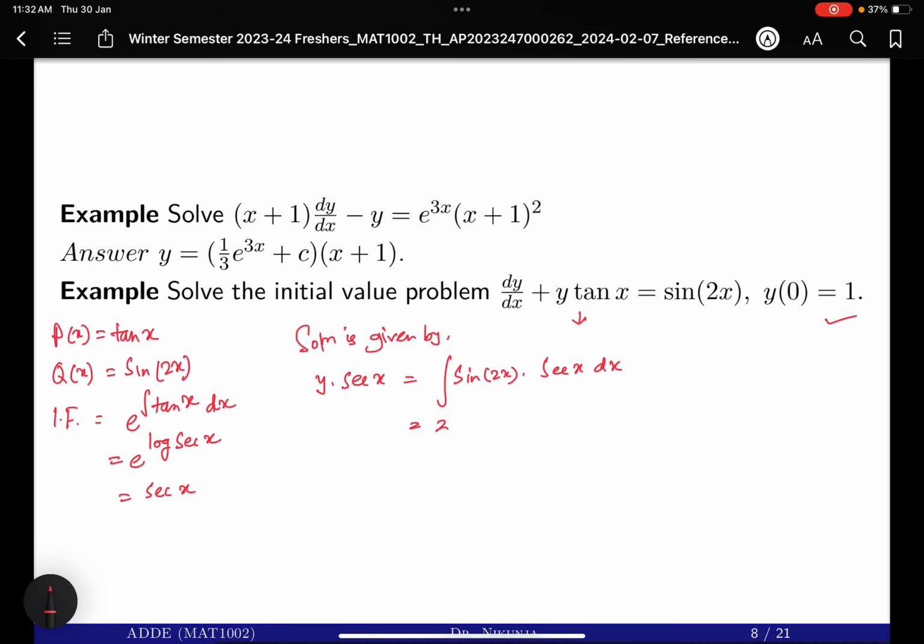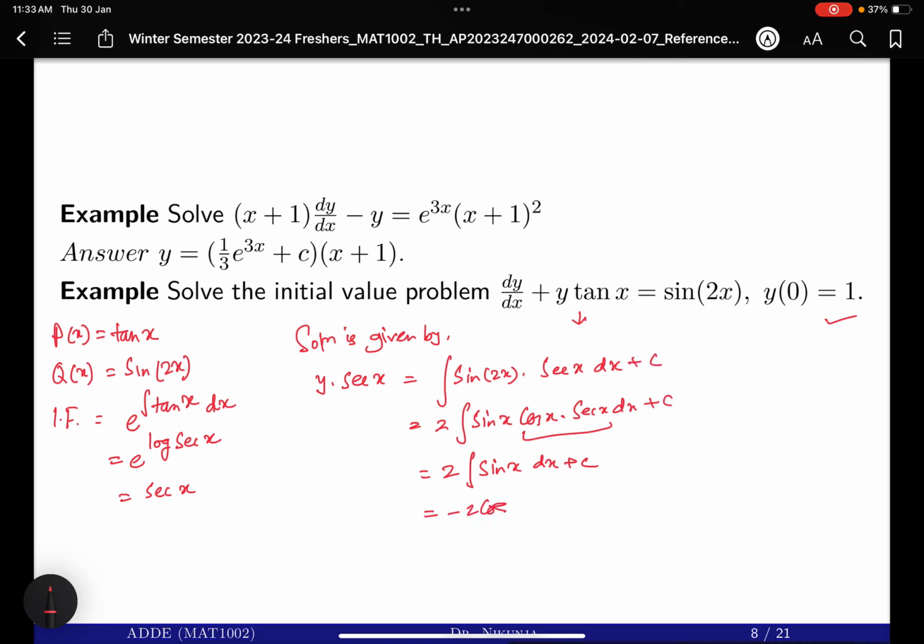So if you further simplify this, 2 times sin x cos x sec x dx. Cos and sec cancel to 1, so 2 sin x dx plus c. You can write this c as well.